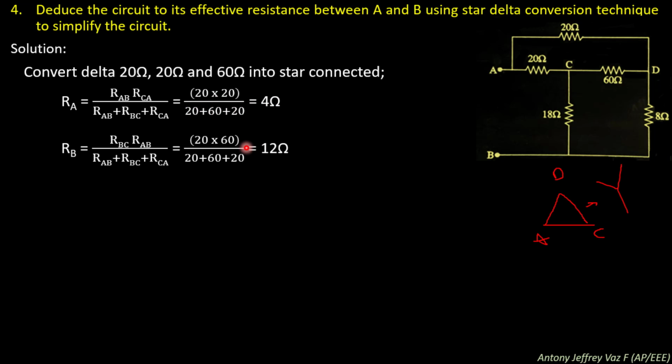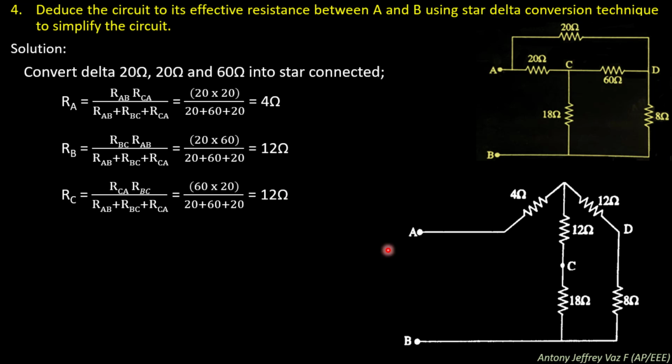Next find RB, it will be 12 ohms, and then find RC, it will be another 12 ohms. If you redraw the circuit, you will get the star in this position. RA is 4 ohm and RB and RC are 12 ohm, so you get this star connected circuit.